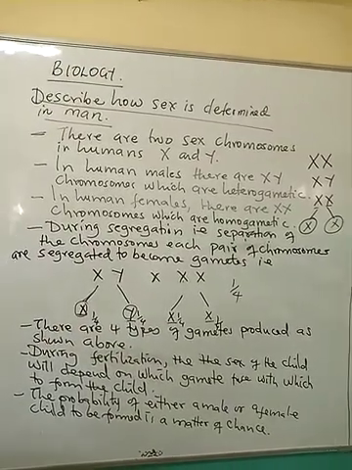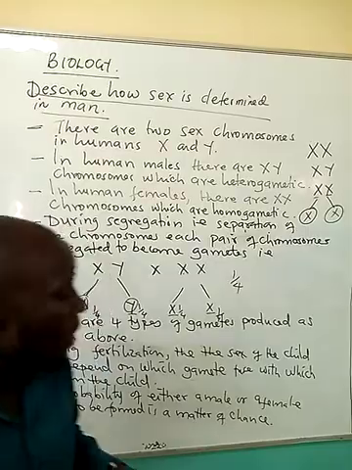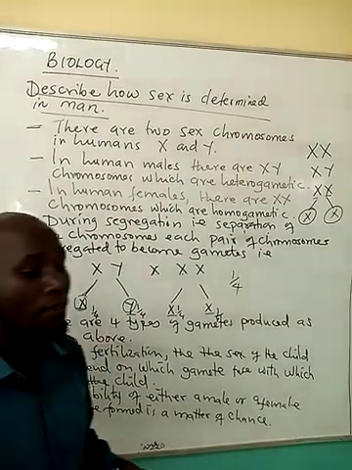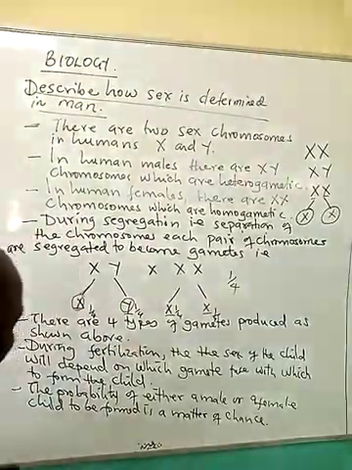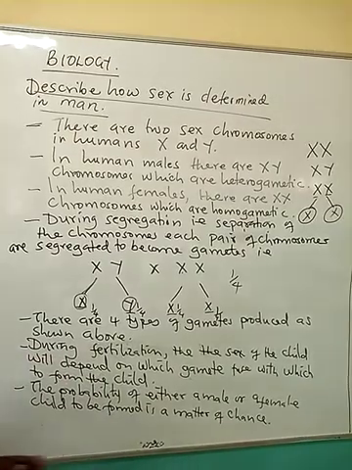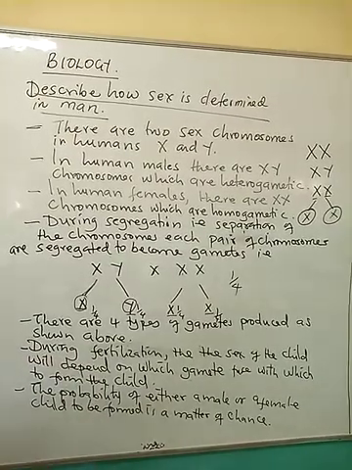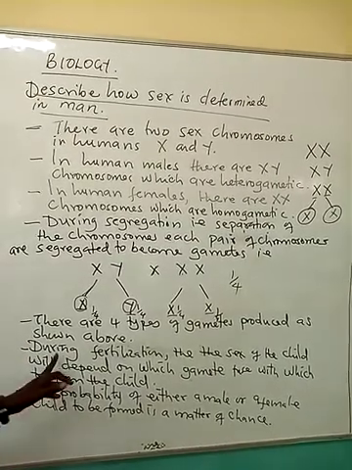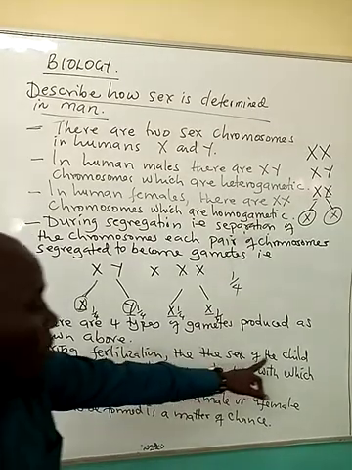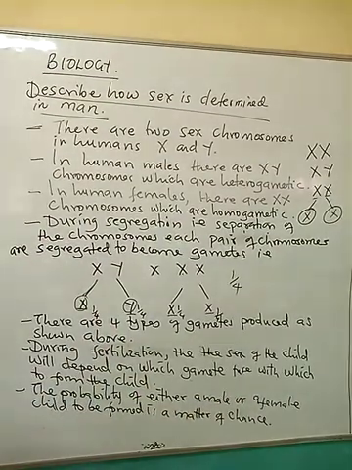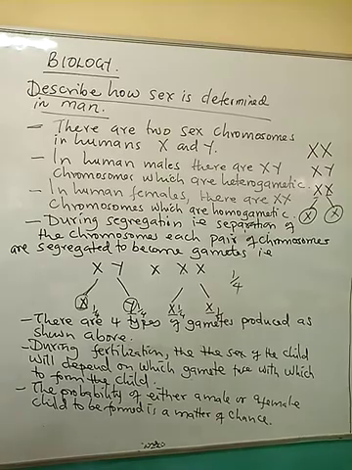So during the process of fertilization, where the male gamete fuses with the female gamete to form a zygote, which again brings about variation in an organism, the sex of the child will depend on which gamete fuses with which.